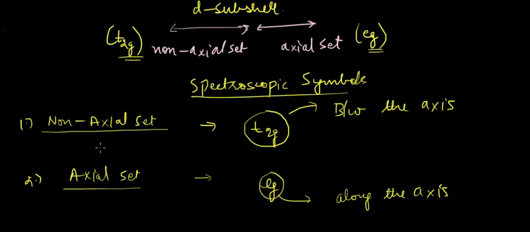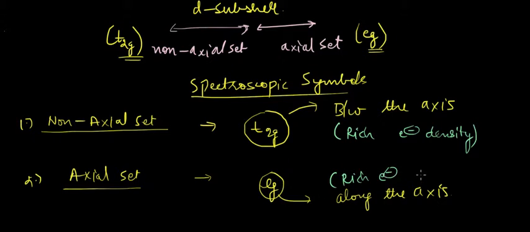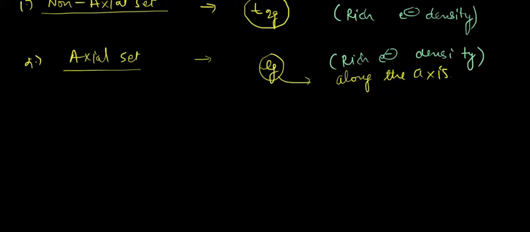In other words, we can say that they have rich electron density between the axis for T2G, and for EG rich electron density along the axis. Okay, so now we'll be seeing the shape of xy, yz, xz, which is T2G, and then we'll be moving on to seeing the shape of EG d orbitals.